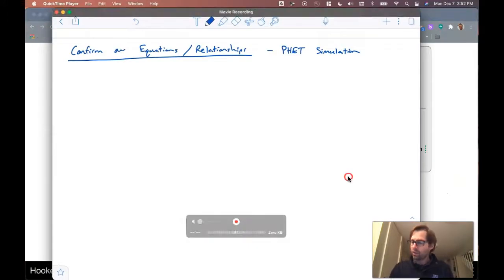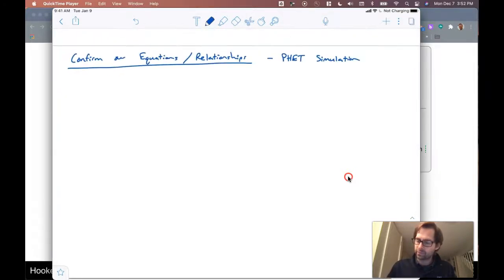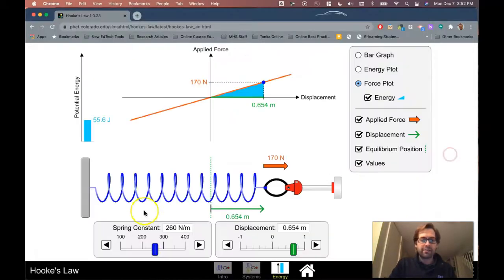So if we use our equations, we know that the energy required, so work done to stretch the spring, is equal to the potential energy stored in the spring, okay? And that's equal to 1/2 kx squared, okay? So let's start with the 1/2 kx squared part, and in my simulation, they do give me a k value.